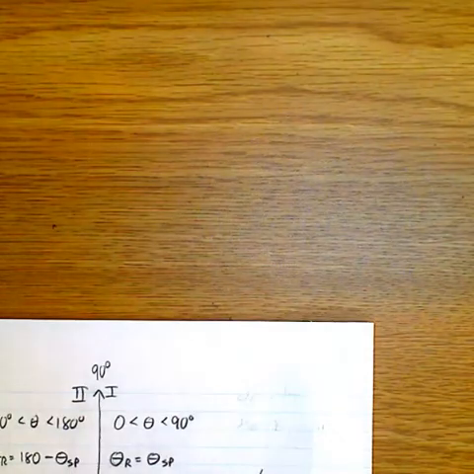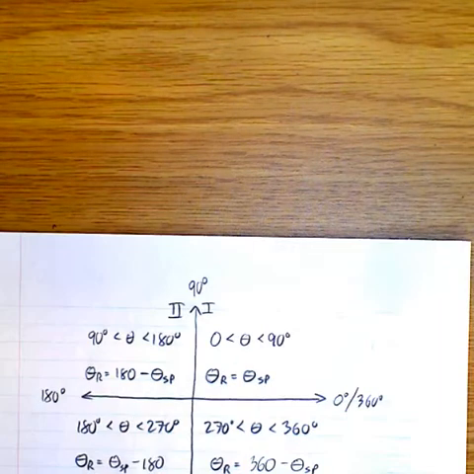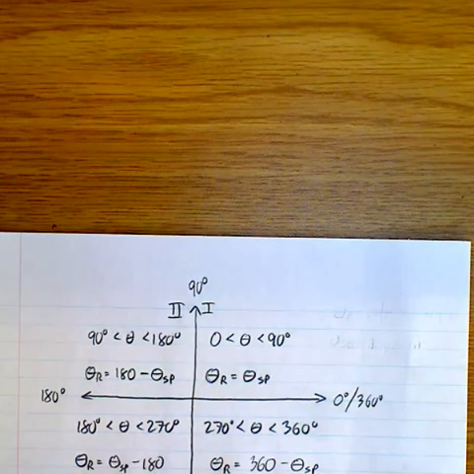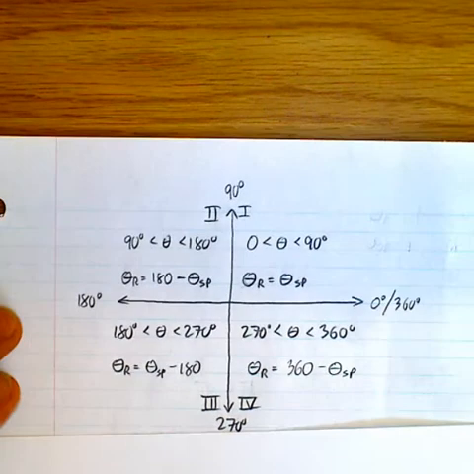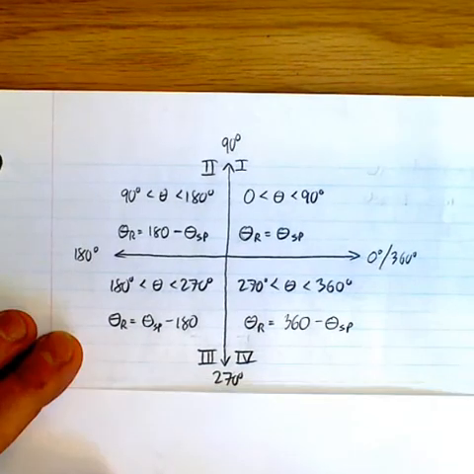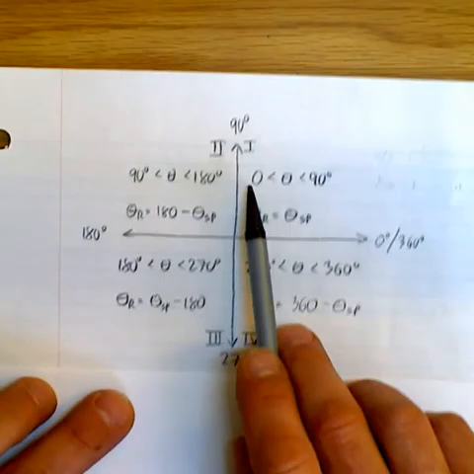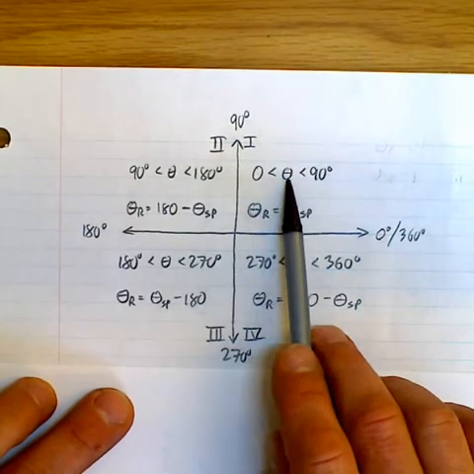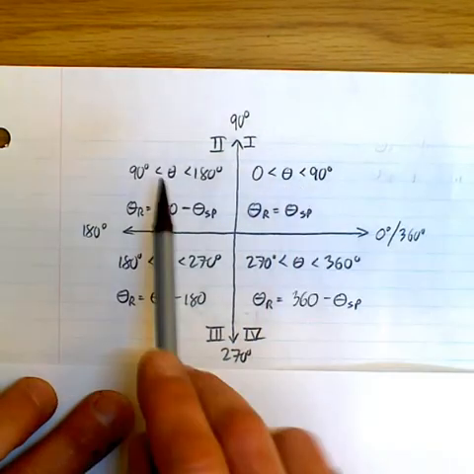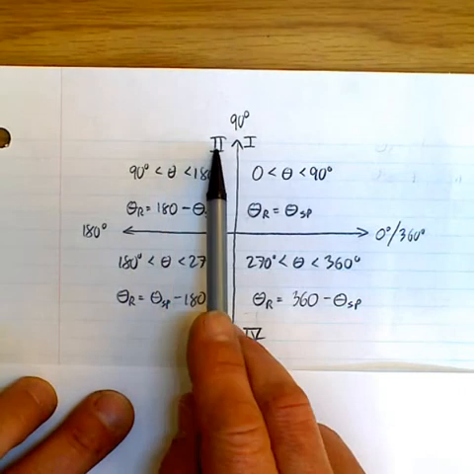Let's have a look at a couple other things. Here we have a picture of sort of a summary of everything here. So theta is between 0 and 90 in the 1st quadrant. Theta is between 90 and 180 degrees in the 2nd quadrant.